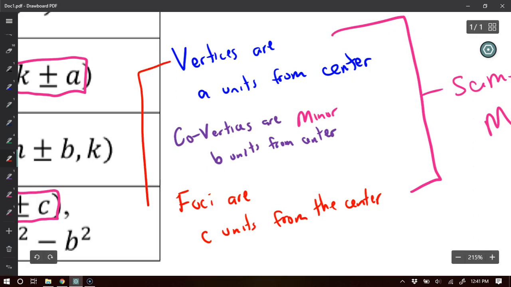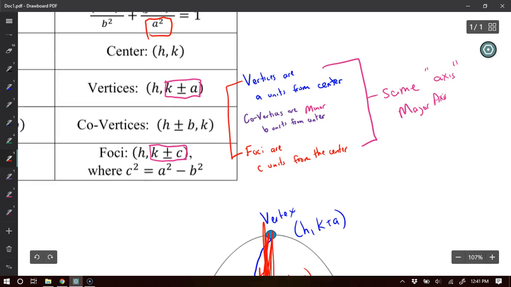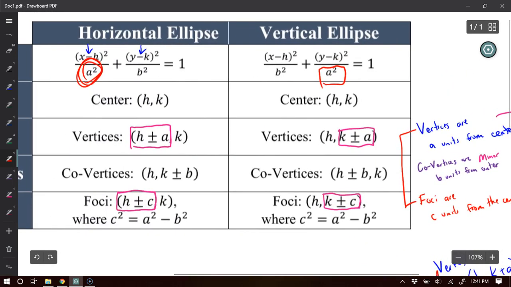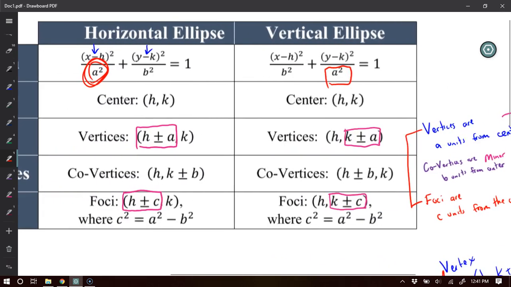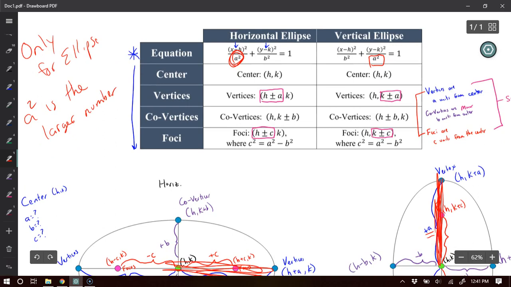And that vertices and foci are on the same line, the same axes. Those three definitions make graphing ellipses a visual pattern, not a formula pattern. If you can't understand the visual pattern though, that's okay, because you have the formulas. You can plug them in and get the same answers, whether you're using this or you're using a concept. As always, if you have any questions, please reach out and ask.